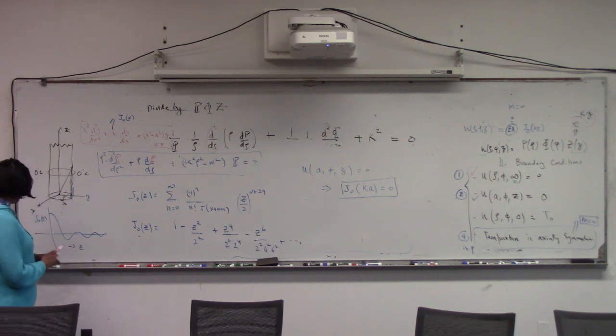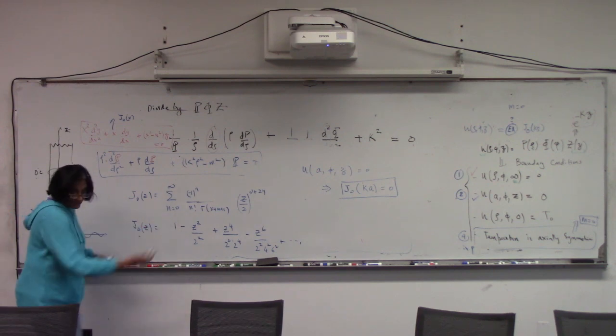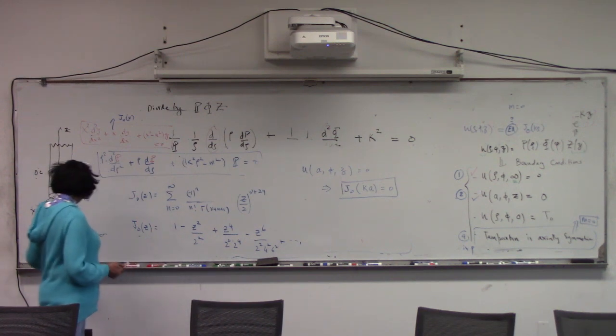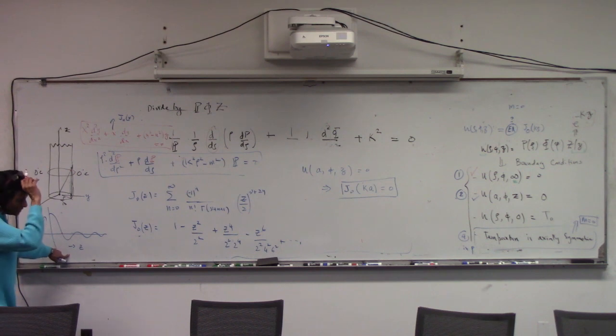So if it has to be 0, we also know it is 0 at several locations. You just have to numerically calculate this, and do the convergence and all that stuff. So the Bessel function of 0th order as a function of z looks like that. It's an oscillating solution, not like a simple harmonic oscillator, but it's still an oscillating solution.